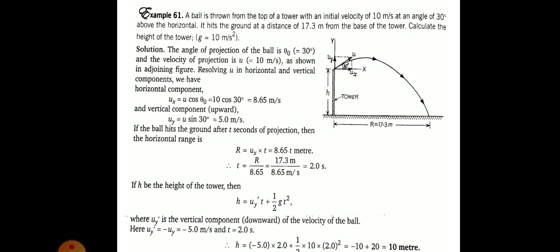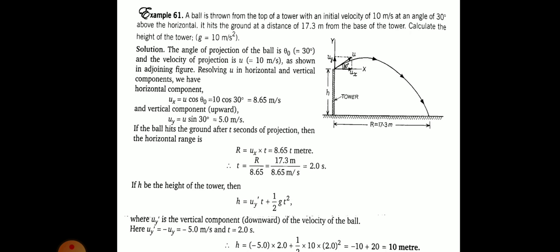But in case point from where the particle is projected and the point where the particle falls are in different planes, the motion should be split into two perpendicular directions, horizontal and vertical. So this is the question in which particle is projected from some height and falls on the ground.